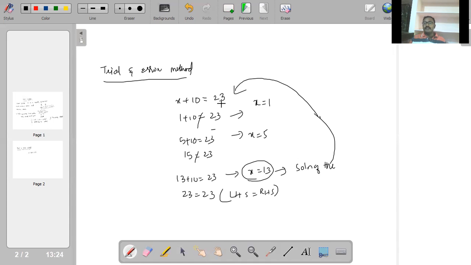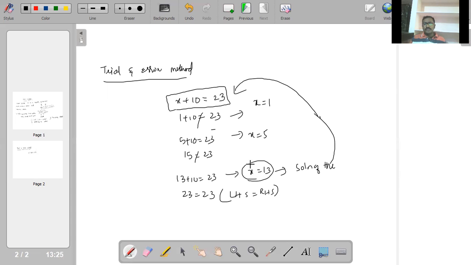So what I did here, first I created one linear equation statement, and here we don't know the value of x. X is nothing but an unknown value. Now I'm taking the x values 1, 2, 3, 4, till the left hand side and right hand side are equal.